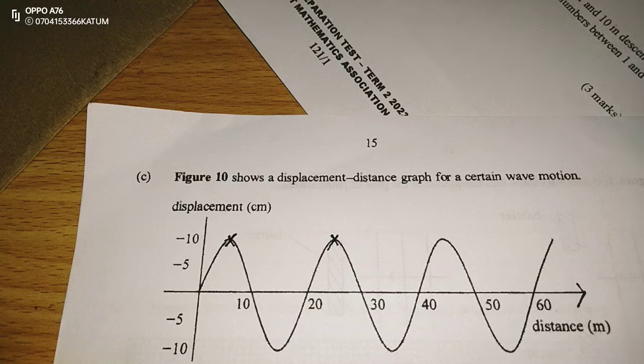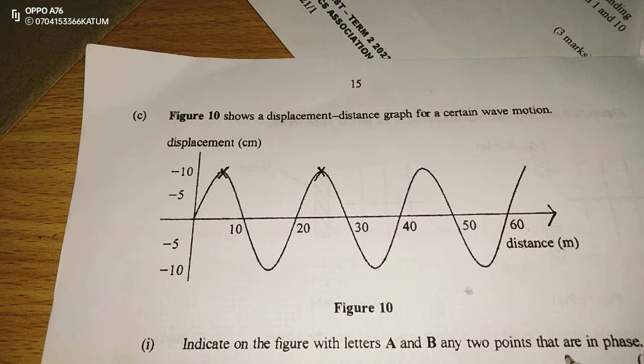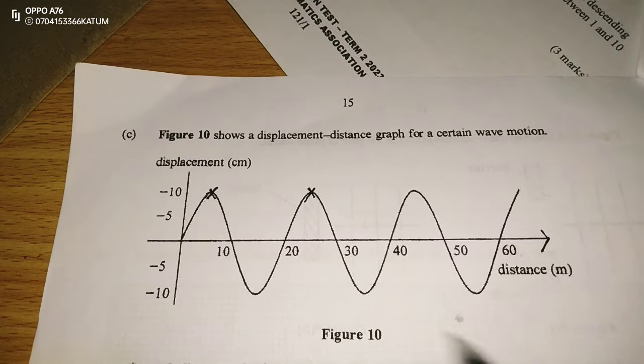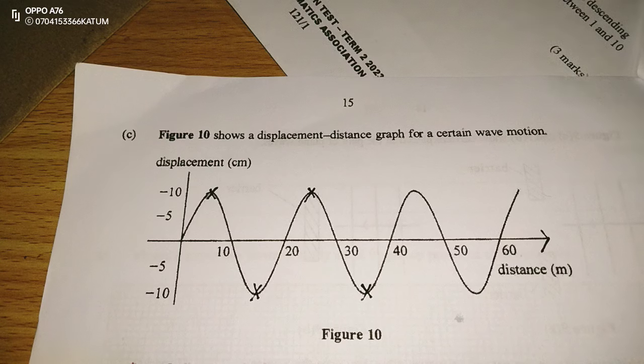Another definition of 2 points which are in phase: the distance between these 2 points should be a complete wavelength. Therefore, as long as between 2 points there is a complete wavelength, a complete cycle, we can say those 2 points are in phase.